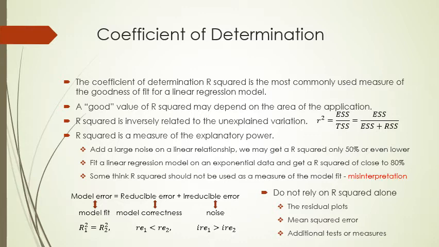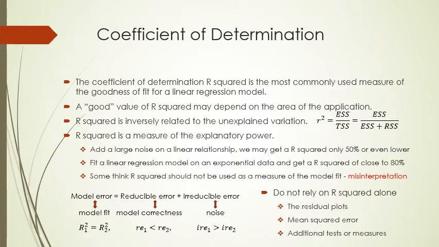They say a higher R² does not always mean a better fit. For example, if we add a large noise on a perfectly linear relationship, then the R² could be only 50% or even lower.